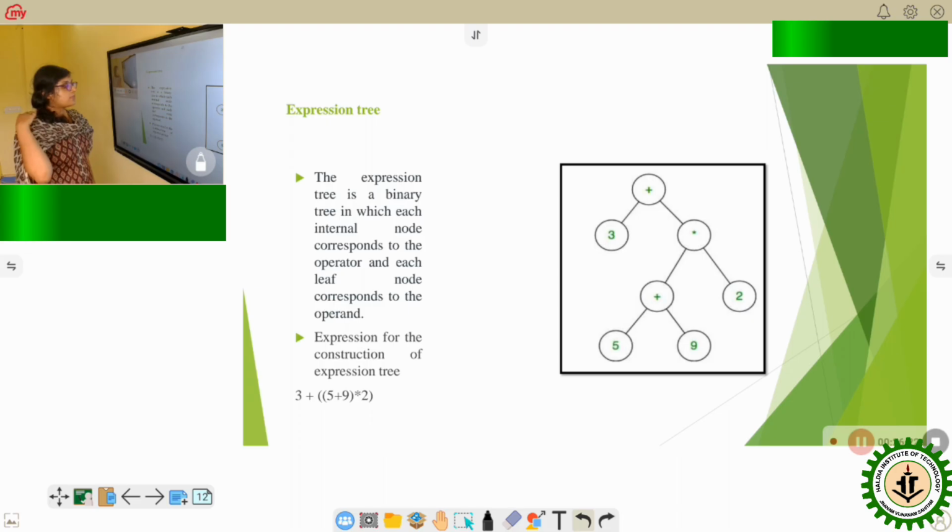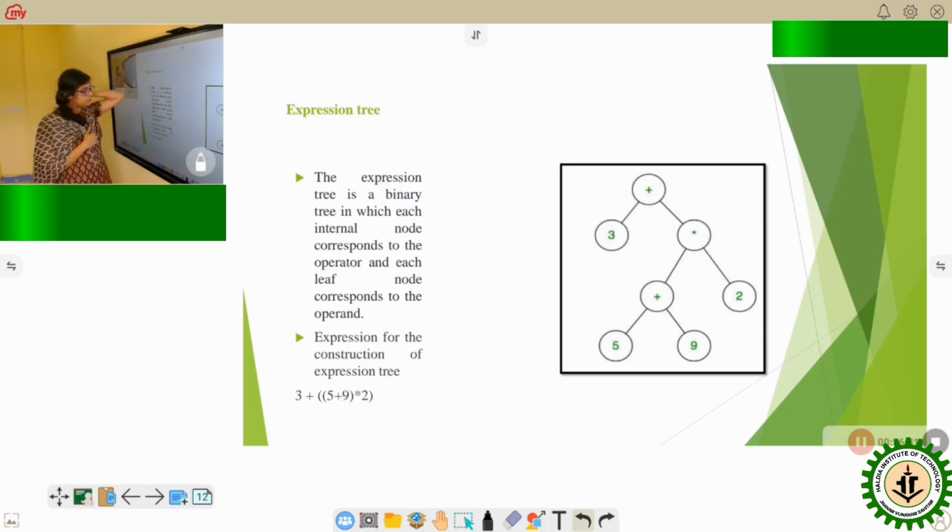Next is expression tree. What is an expression tree? The expression tree is a binary tree in which each internal node corresponds to the operator and each leaf node corresponds to the operand.